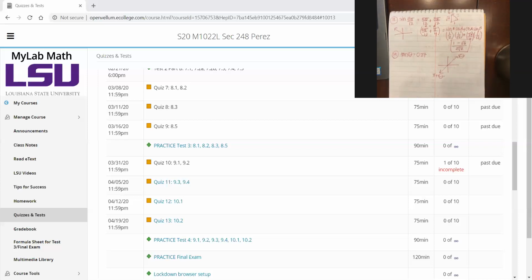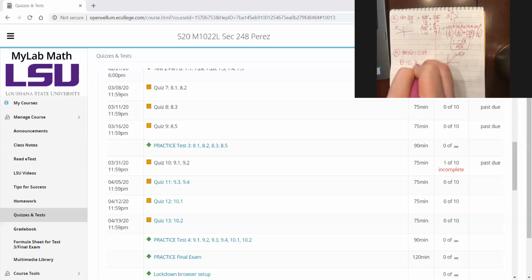So remember, make sure your calculator is in radians. Yes, answer in radians. So changing my calculator to radians. And tangent inverse of 0.27 is 0.2637.